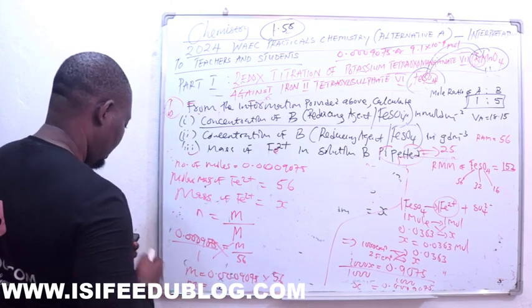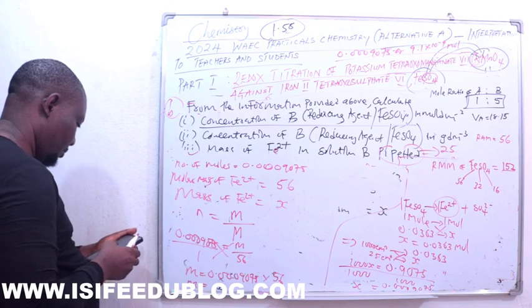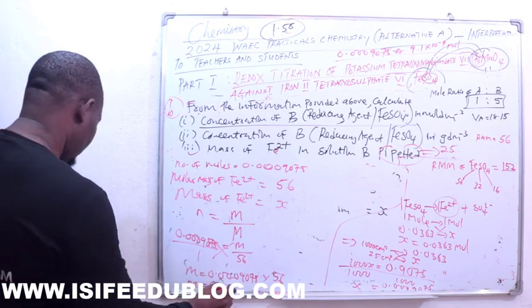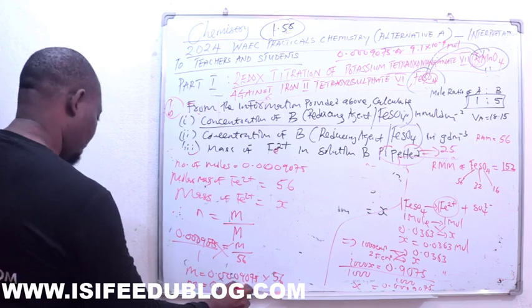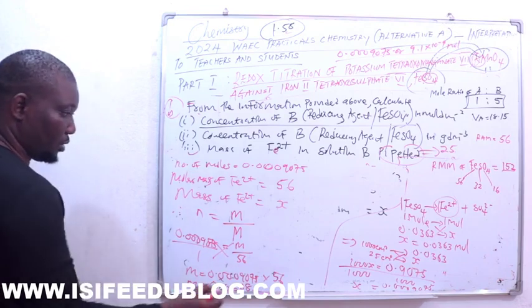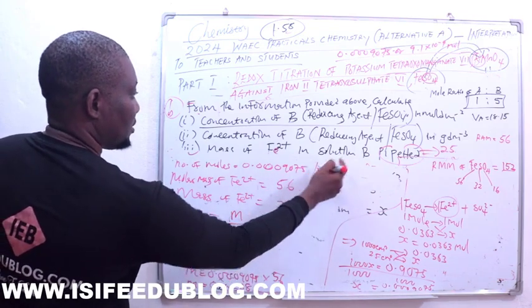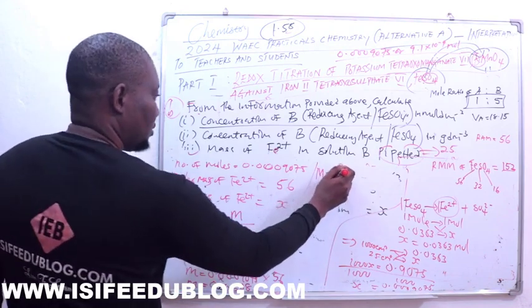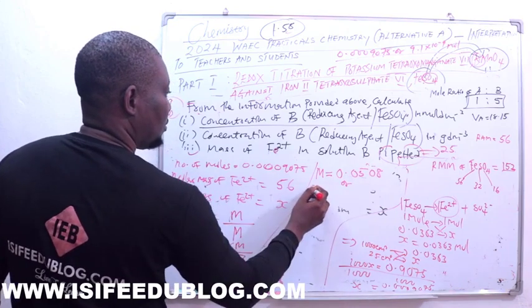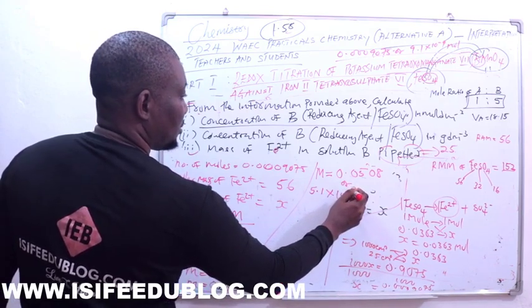M is 0.05008. My final answer, the mass of this in the solution, is 0.0508 or 5.1 times 10 to the power minus 2.